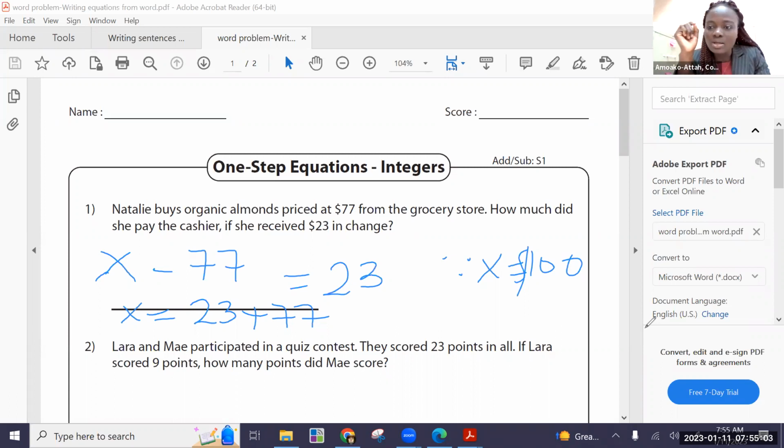Okay, so let's also analyze this question. Ruth and Comfort participated, so the two of them. Then the two of them scored 23 points in all, right? So let's say Ruth is R and Comfort is C.